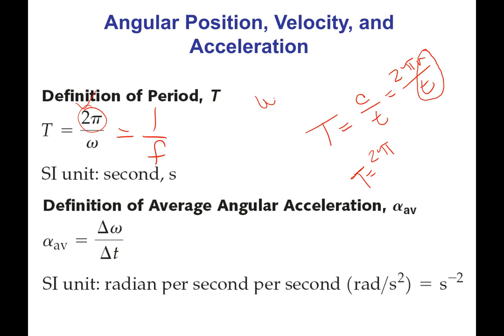Now, your omega is radius times your velocity. So we have the radius part, but we need to get the time turned into velocity. If we break down what velocity is, it's your distance over time.